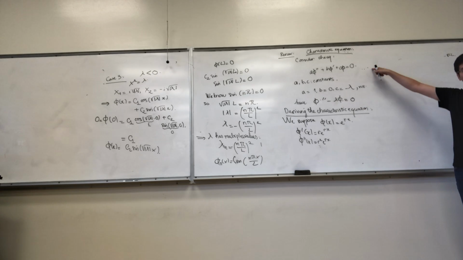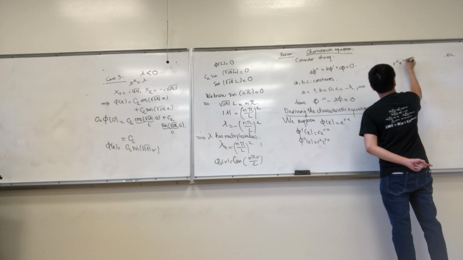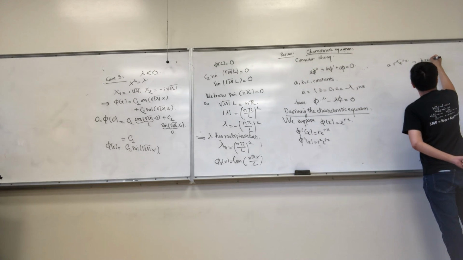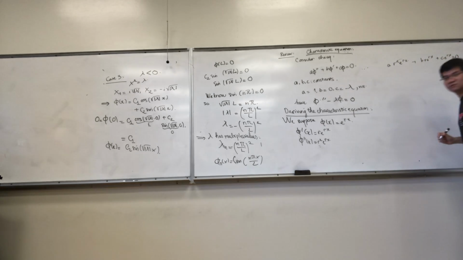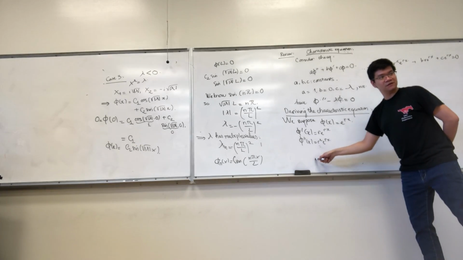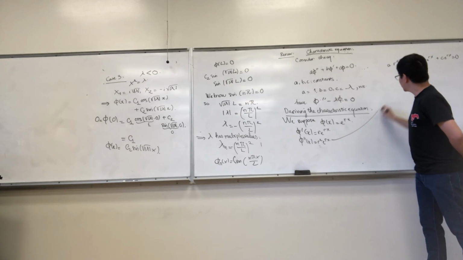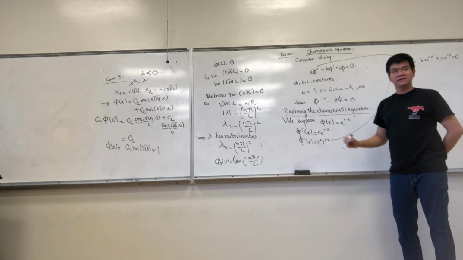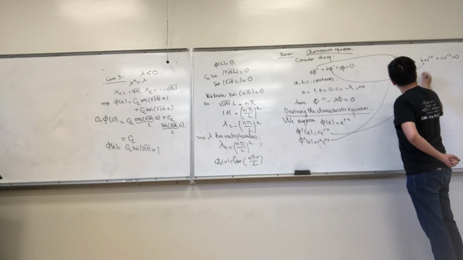I plug it back into the equation, so I have r squared e to the rx times a, plus b r e to the rx, plus c e to the rx is equal to 0. When I take the first and second derivatives, I get r squared e to the rx, this is this term, and the first derivative gives me this term.